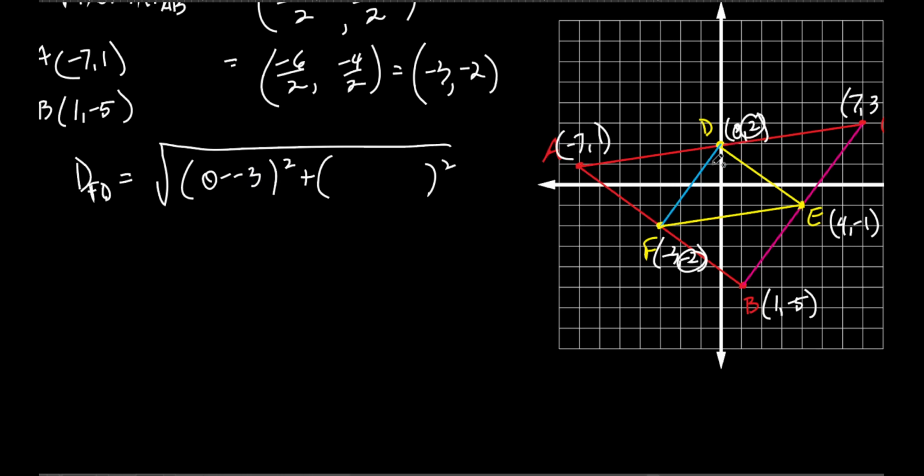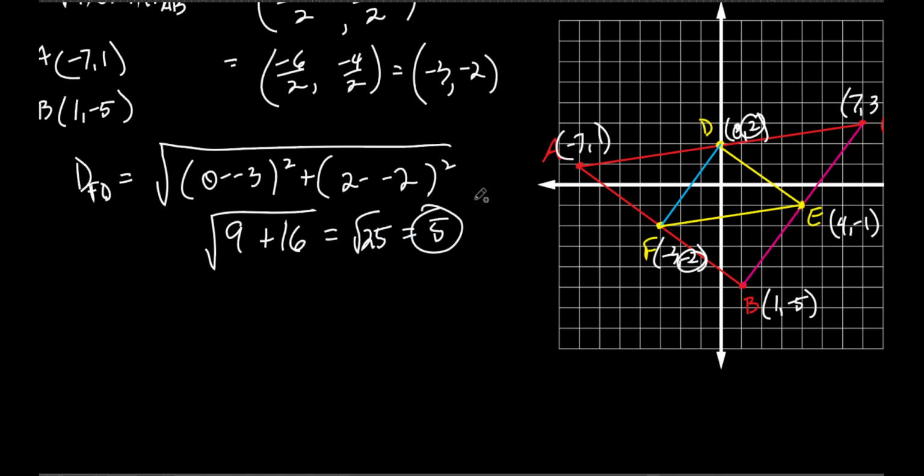What's that? 2 minus negative 2, right? This is positive 3 squared, which is 9. This is 4 squared, which is 16. Take the square root. Look what happens. We get the square root of 25, which is what? 5. So the length of that blue one is 5.